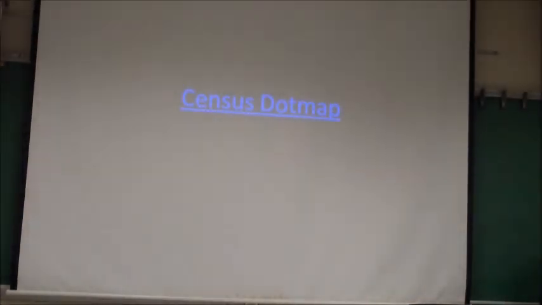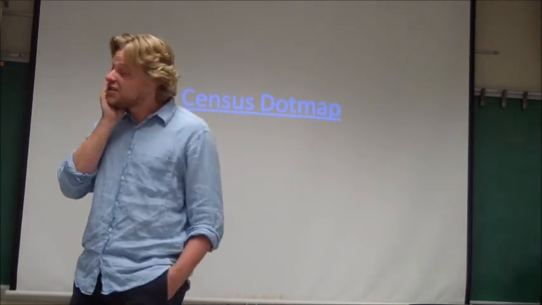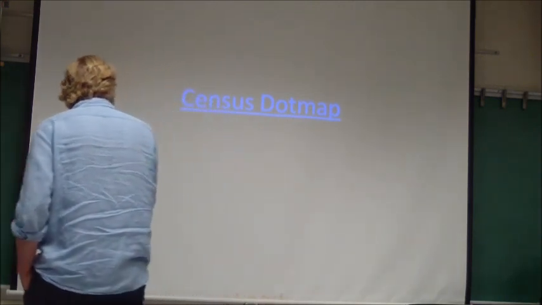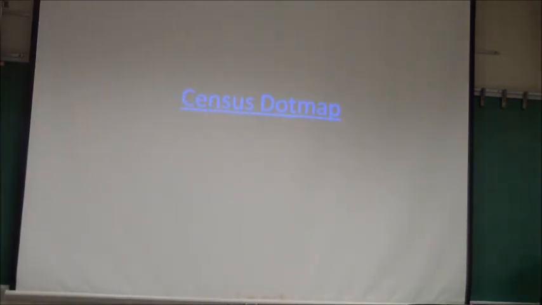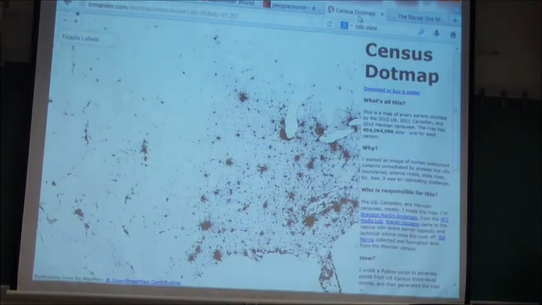border. Now what we're going to do is take a quick look at the Census dot map. So this is one of the things that came out, I think last year. Another great resource for future educators to use. The census dot map.